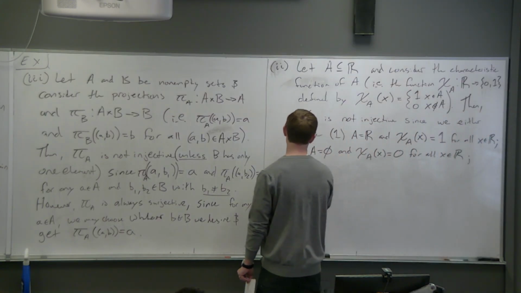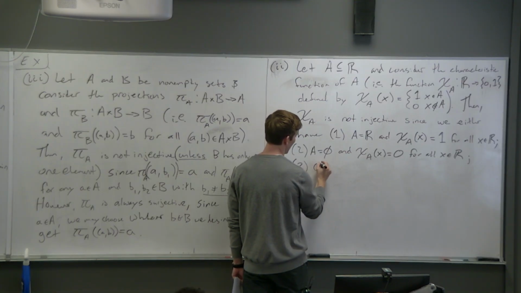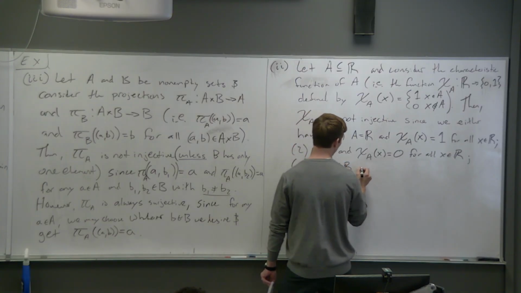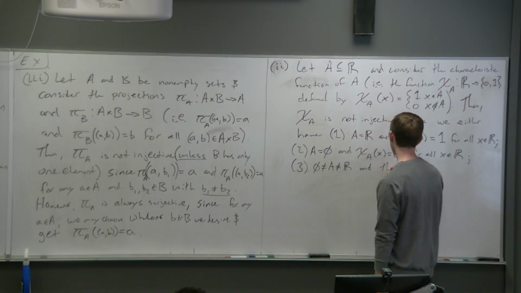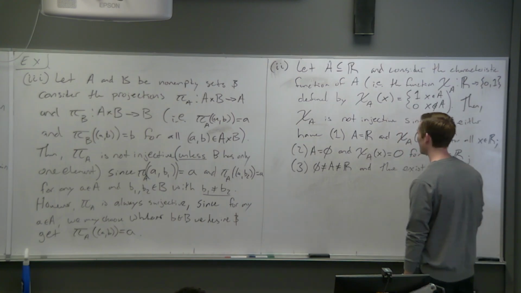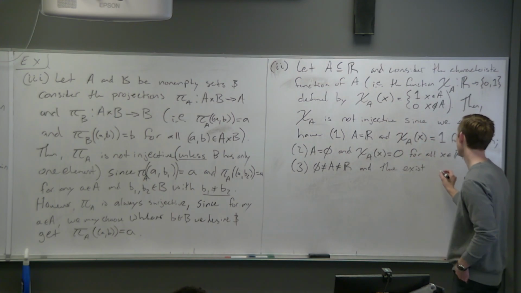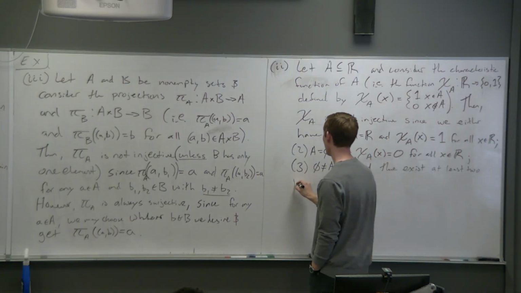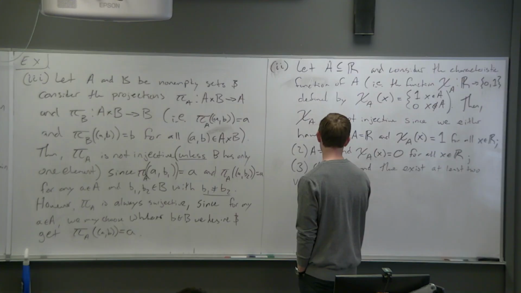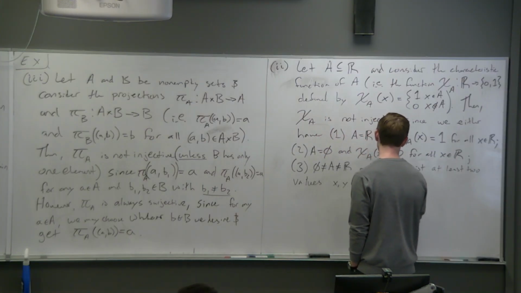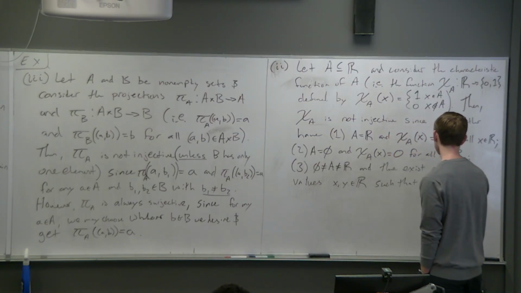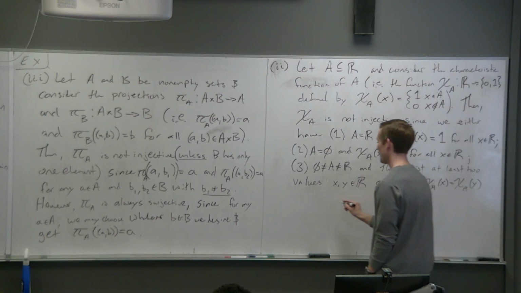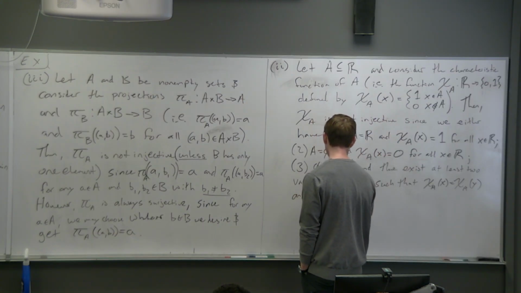Or 3, A is not the empty set, nor is it all of the reals, and there exist at least 2 values x, y in R such that chi A of x equals chi A of y, and x is not equal to y.